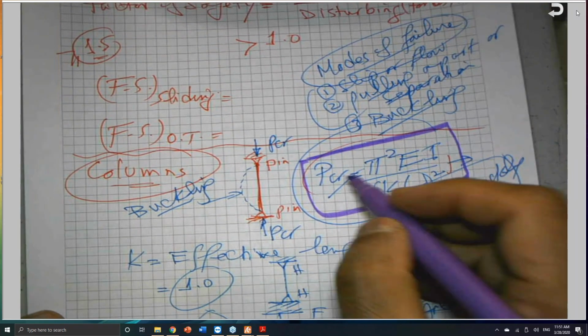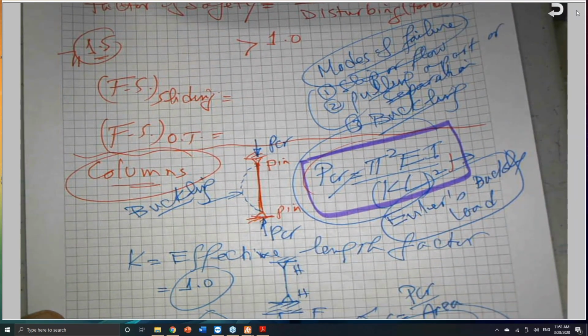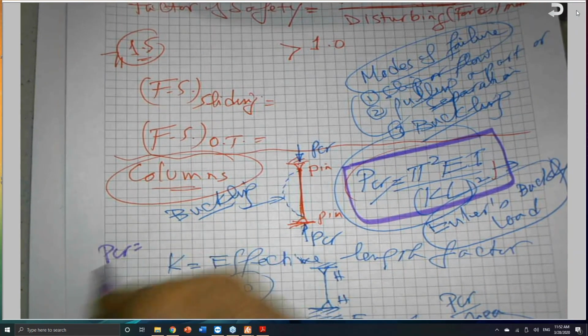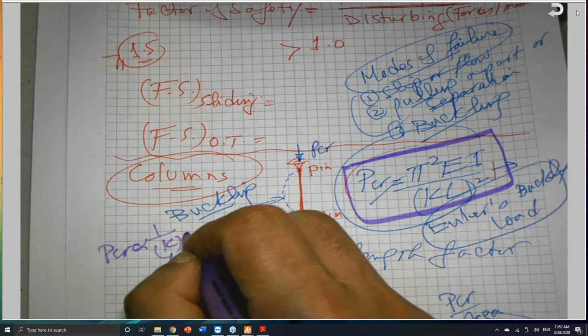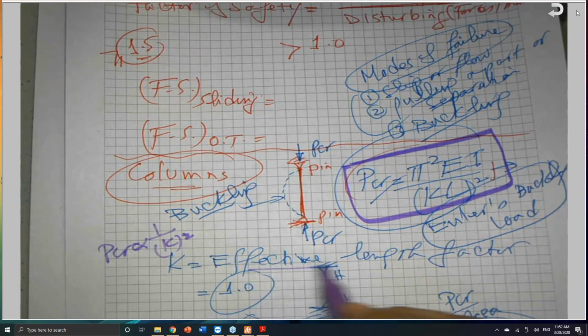As you can see, P critical is inversely proportional to K squared, so P critical is proportional to 1 over K squared. I need you to remember that, where K is called the effective length factor.